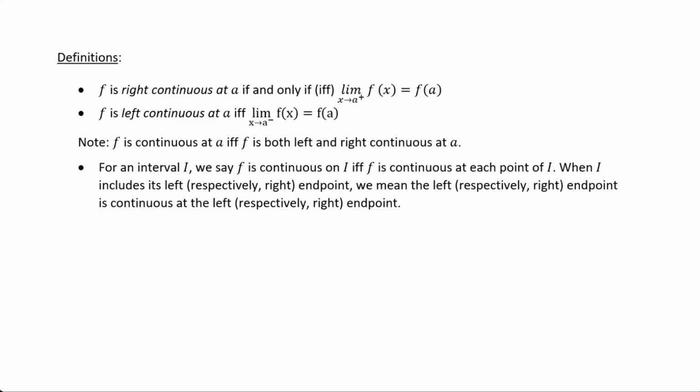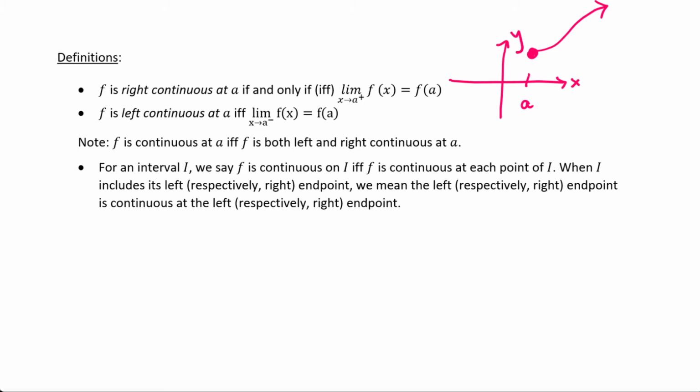Definitions. We say f is right continuous at a if and only if the limit as x approaches a from the right of f of x equals the function evaluated at a. Graphically, that would look like, let's find an a, solid, and then you have a graph continuing to the right. Similarly, f is left continuous at a if and only if the limit as x approaches a from the left of f of x equals f of a.